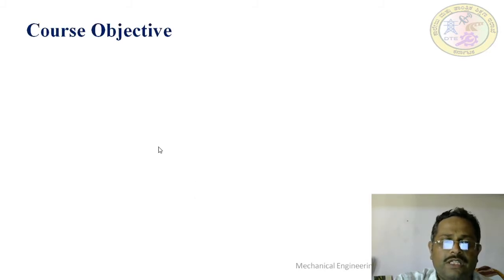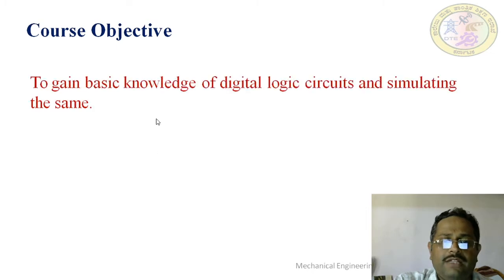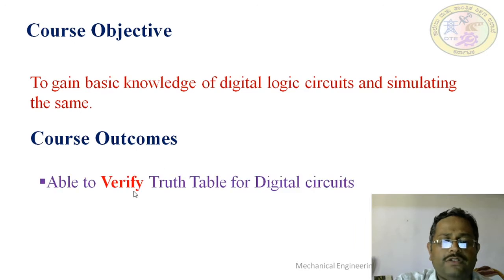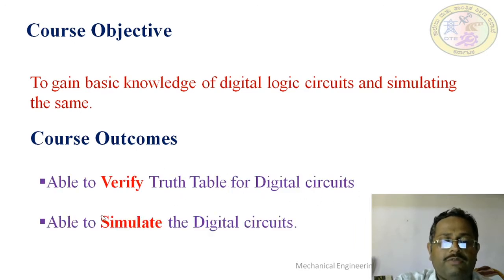The objective is to gain basic knowledge of digital logic circuits and simulating the same. After learning these experiments, the students are able to verify truth tables for digital circuits, and also they are able to simulate the digital circuits.